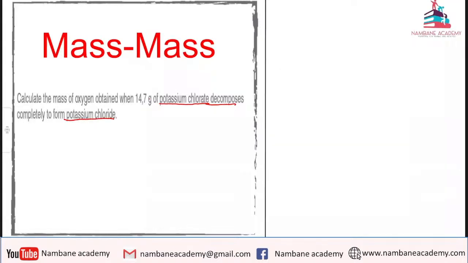So the very first thing that one must do is to ensure that you know the name of potassium chlorate, or the formula for that matter, the formula also of potassium chloride, very, very important, because without that, we will not be able to perform any stoichiometric calculation relating to this.